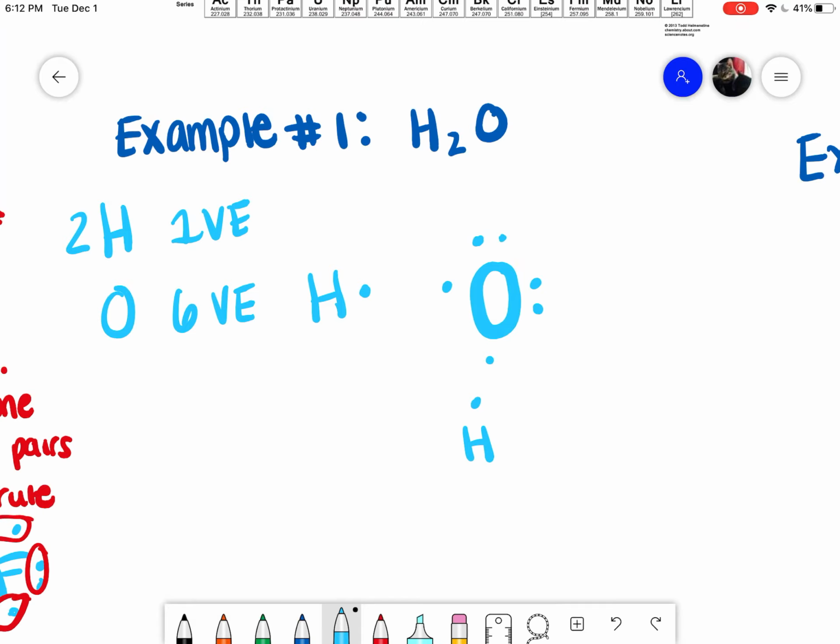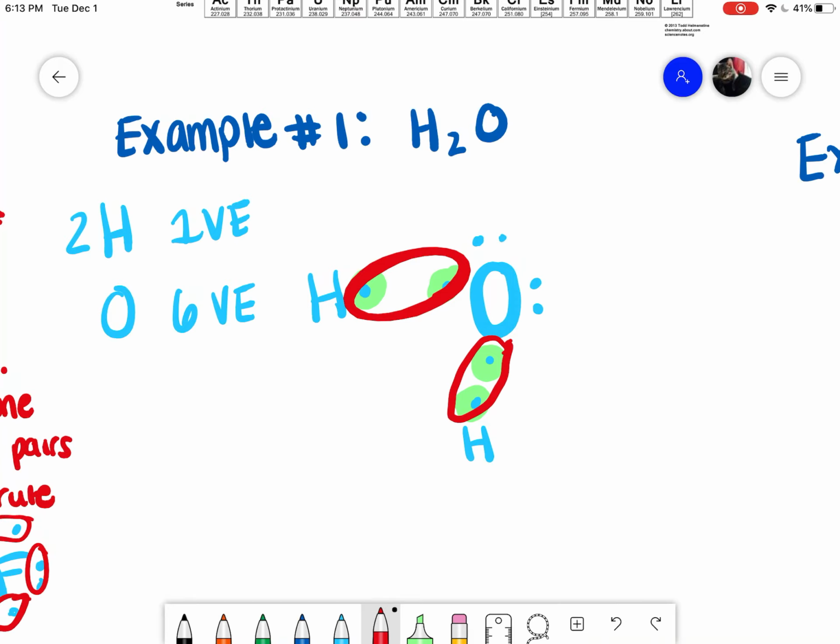And so we need to locate our lone electrons. So I'm going to highlight our lone electrons in green. So we have a lone electron here. So we have 1 lone electron on each hydrogen, and then we have 2 lone electrons on oxygen. So they are going to create a shared pair, 1 electron from oxygen and 1 electron from hydrogen. So this right here will be our shared pairs.